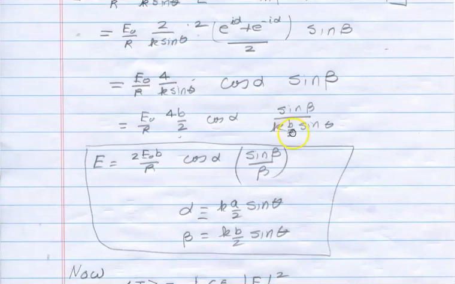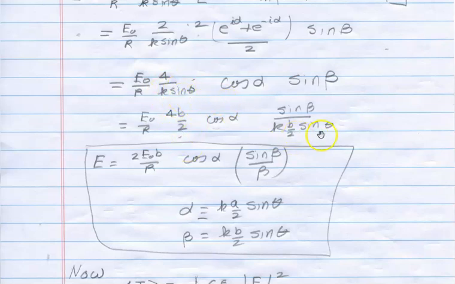And then finally, I realized that this is almost like a diffraction pattern for a slit of width b. If I multiply by b over 2 on the bottom and b over 2 on the top, I get kb over 2 sine theta, which again is beta, and I get 4 times b over 2 here.